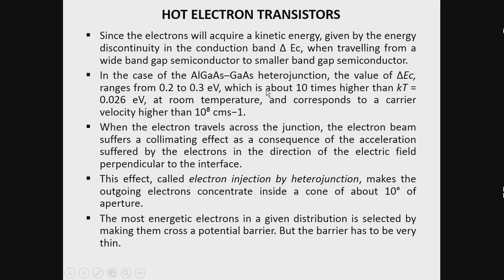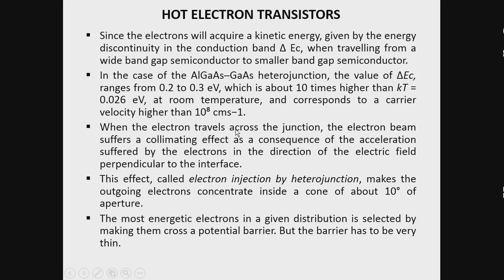You can see that this is about 10 times higher than kT, which is equal to 0.026 electron volt at room temperature under thermal equilibrium. That is far smaller than this delta Ec value, and it corresponds to a carrier velocity higher than 10 raised to 8 centimeter per second.